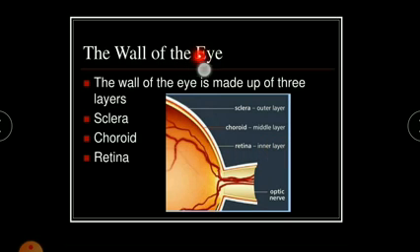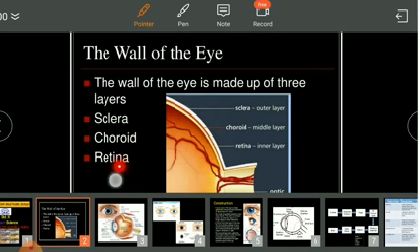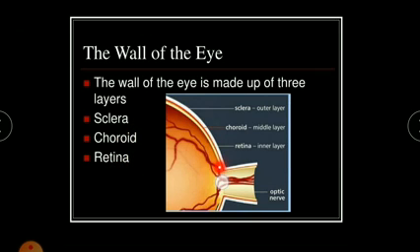The wall of the human eye is of 3 parts: sclera, choroid and retina. The choroid is black in color so that it prevents internal reflection and protects the retina and other types of cells, which we will see in the coming slides.